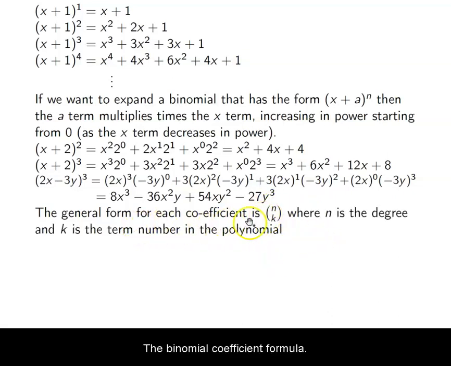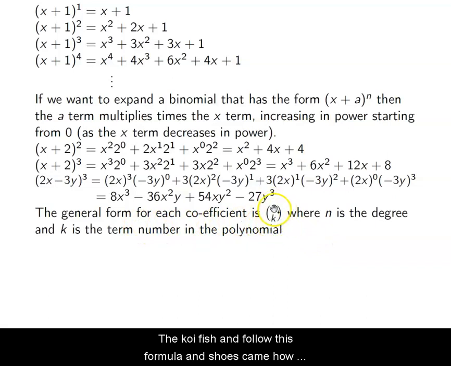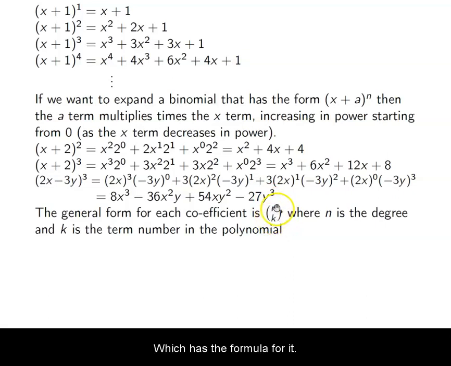Okay, so the coefficients follow this formula: n choose k, which is how this is pronounced, which has a formula for it. Okay, here n is the degree and k is the term number. So if I'm looking at a 4th degree polynomial, my first term would be 1.